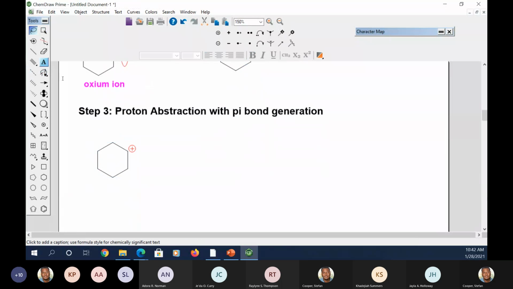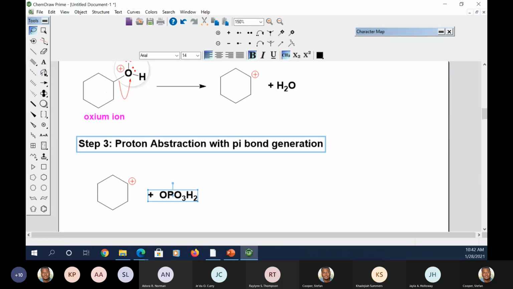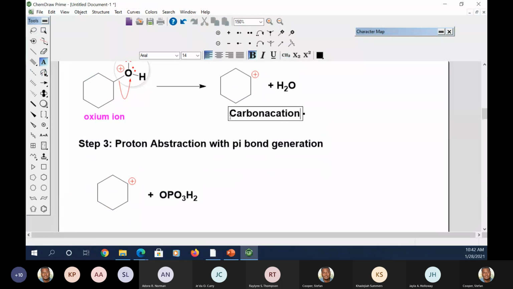I'm going to take my carbon cation, and maybe I should put that up top here. I don't know why this board is doing that.